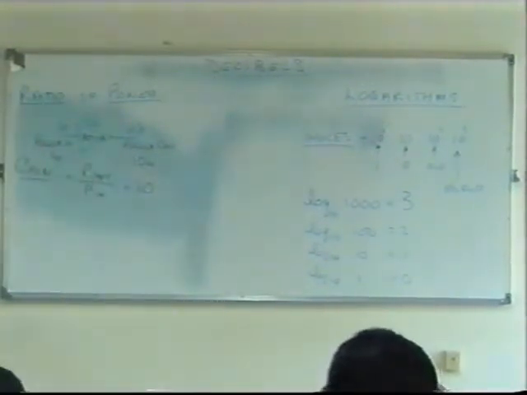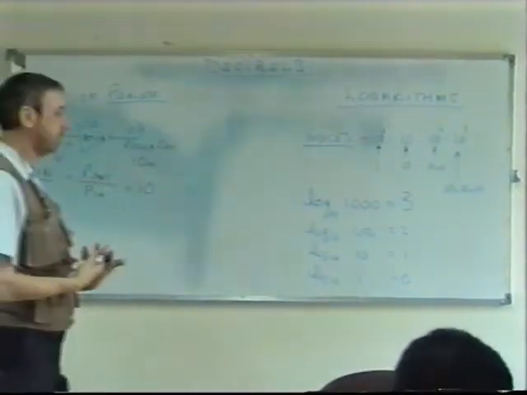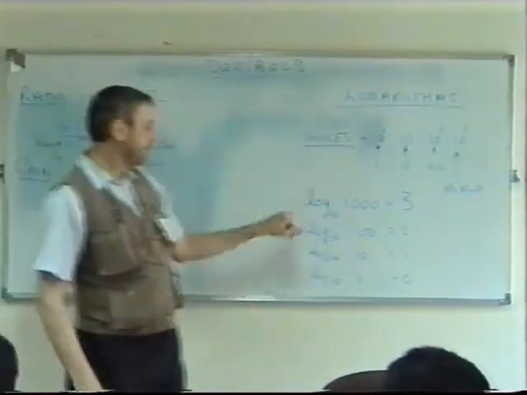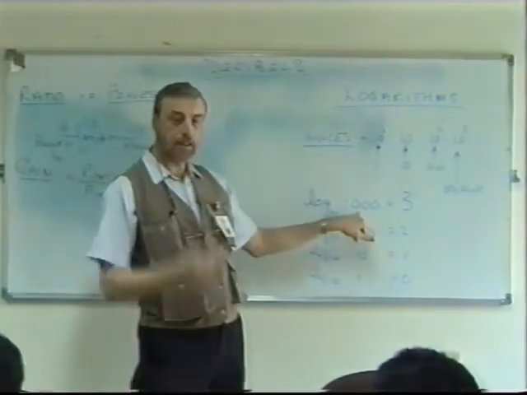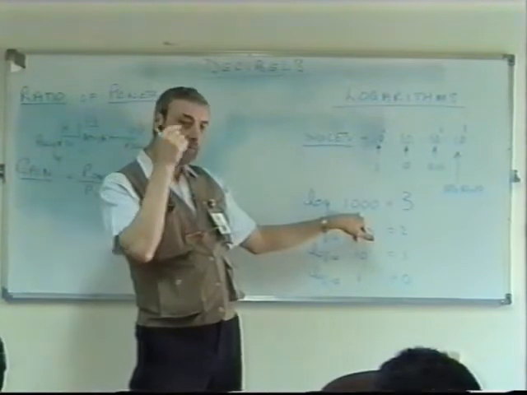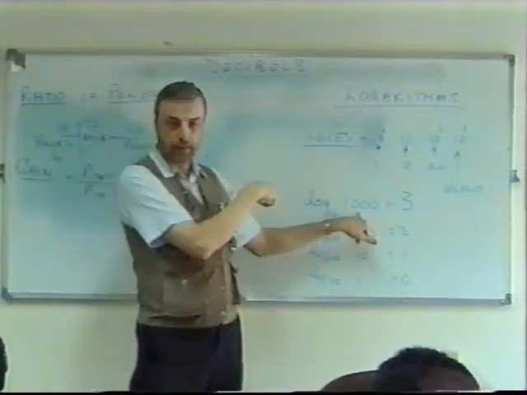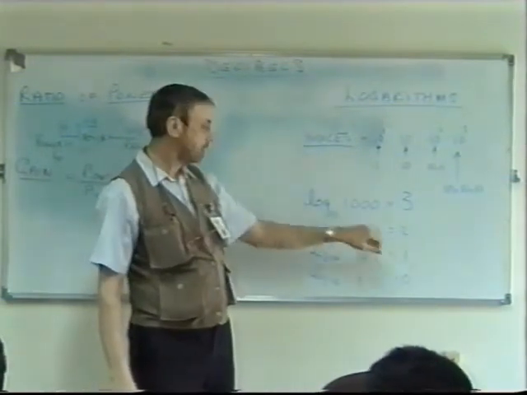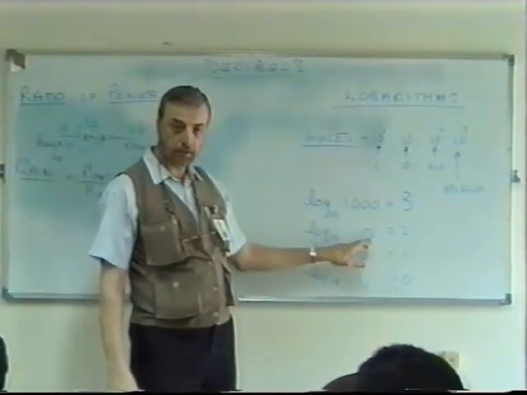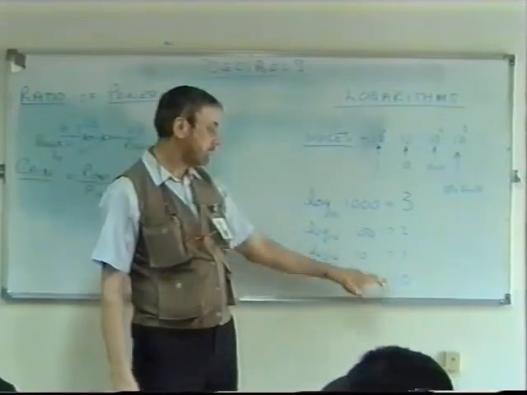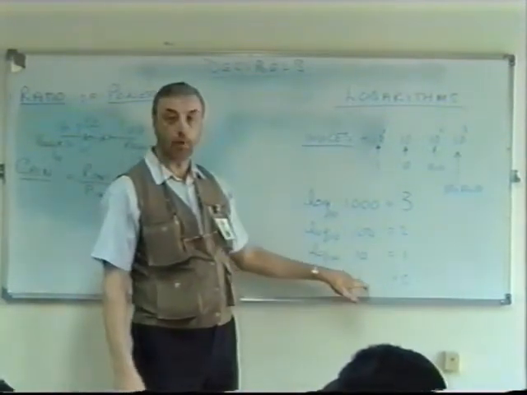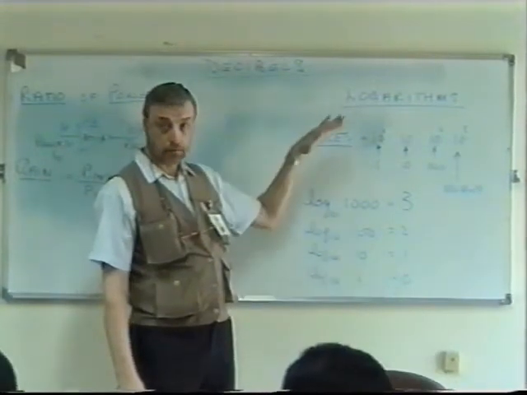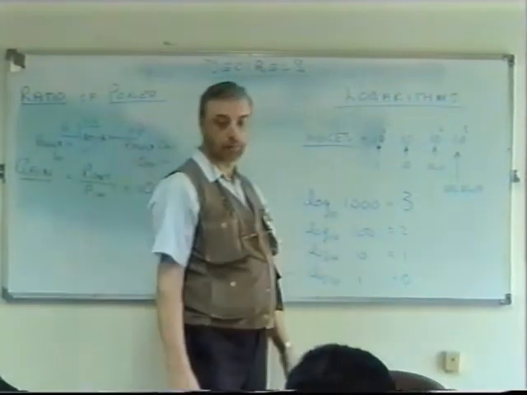Now this, of course, is just revision work. You've done this before, so you know. Basically, the logarithm of a number is the number you've got to raise 10 to the power of to get that number. We've got to raise 10 to the power 3 to get 1,000. We've got to raise 10 to the power 2 to get 100, 10 to the power 1 to get 10, and 10 to the power 0 to get 1. Okay? Quite straightforward so far. No problem.